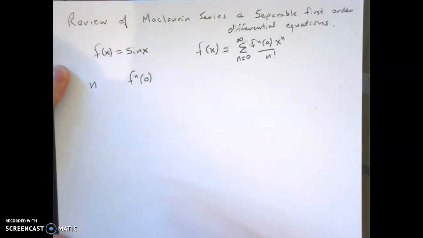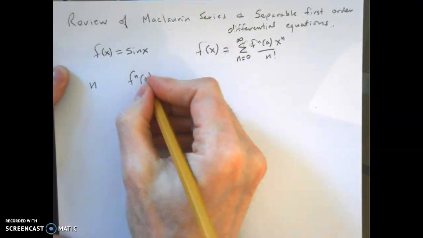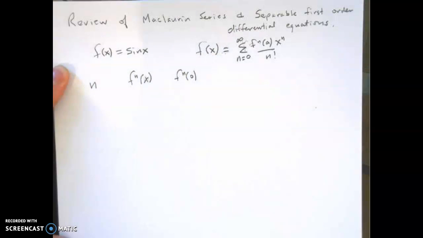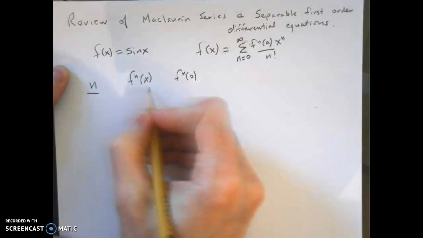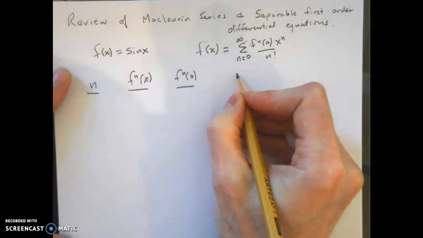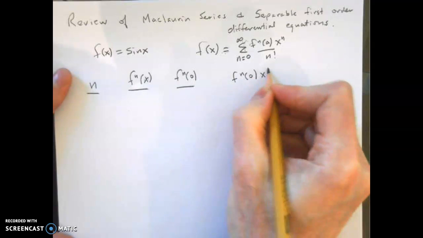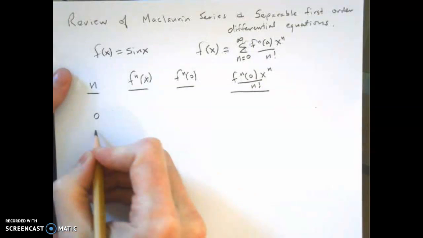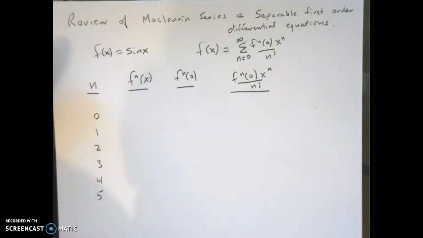And then we'll put the whole thing together: the nth derivative evaluated at 0 times x to the n over n factorial. So n will be 0, 1, 2, 3, 4, 5. Let's just do 5 terms.